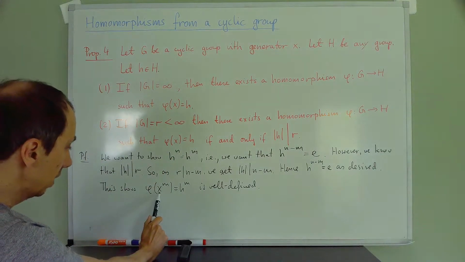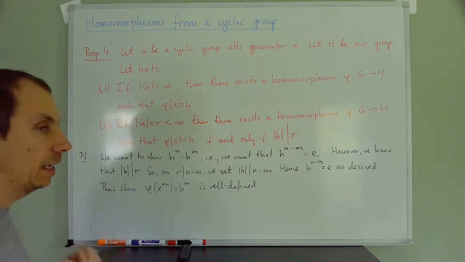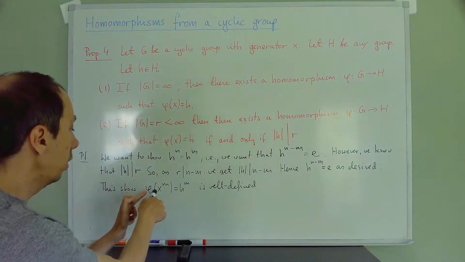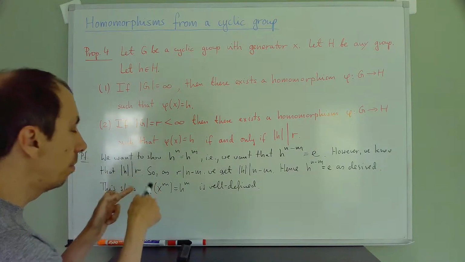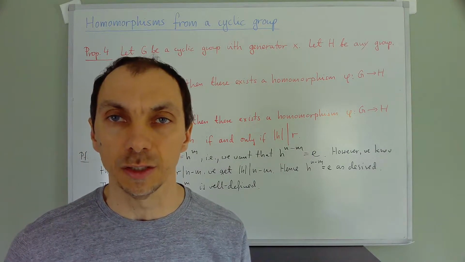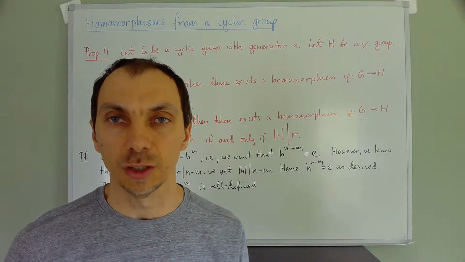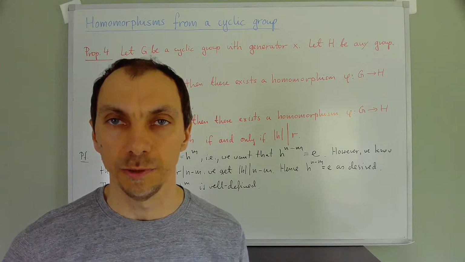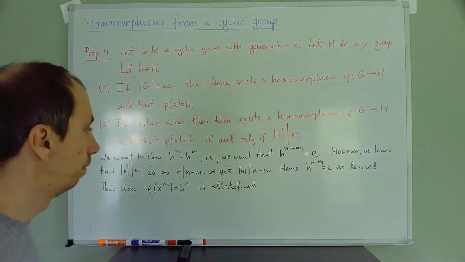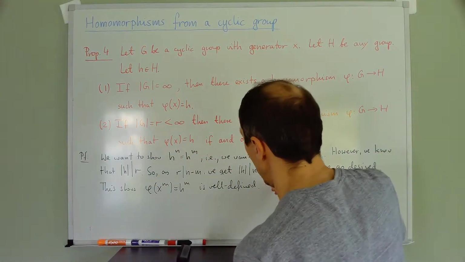Clearly x to the 1 is equal to h to the 1. And again, you can show that phi is a homomorphism by showing phi of x to the m times x to the n is equal to phi of x to the n plus m. And that's phi of x quantity n plus m. So it's phi of x to the n times phi of x to the m. Just like it was done for the infinite group.